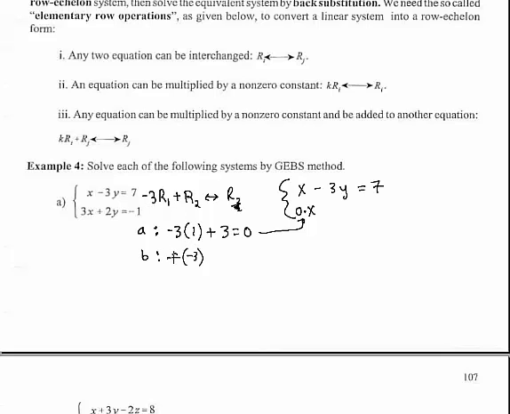We multiply it by -3, and then we add the b of the second row, which is a +2. And what do we get? We get -9 plus 2 is -7. And so this number is going to take the place of b in the second row. We have a -7y.